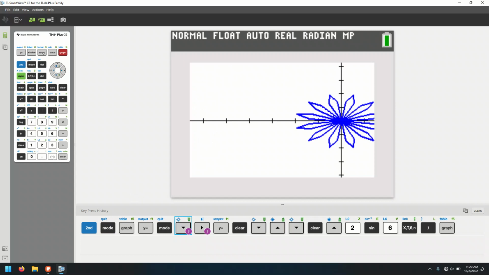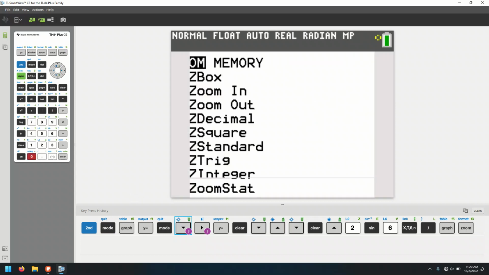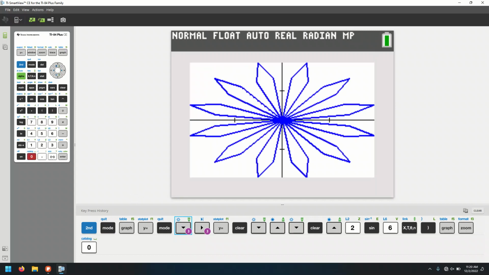Well, number 1, let me do zoom fit. But these graphing calculators are a little weird at times because, in some cases, we're not going to have smooth circular curves. You're going to look at these sorts of swords right here.